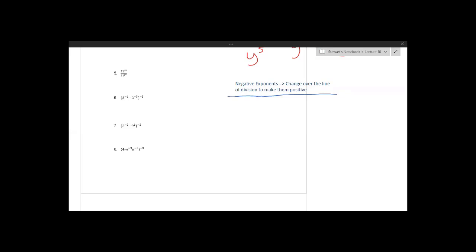For example, if you have z to the negative 6th, to make this exponent positive, we know every whole number can be written as a fraction over 1. So the line of division that I'm talking about is just the fraction line. To make this exponent positive, it would become 1 over z to the positive 6th.